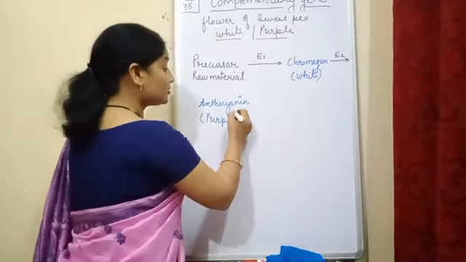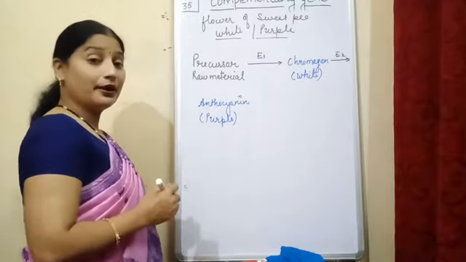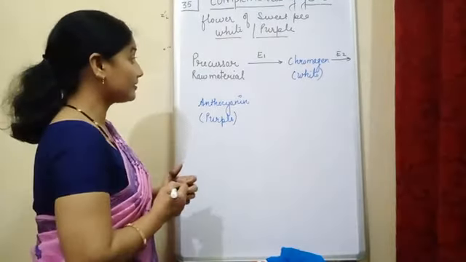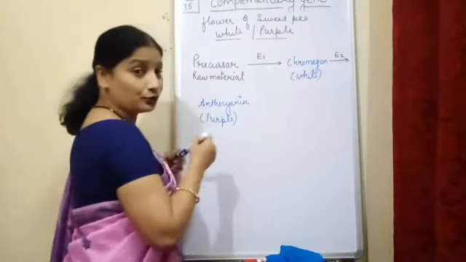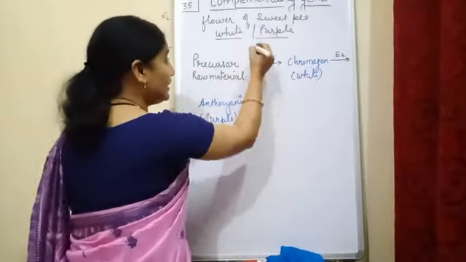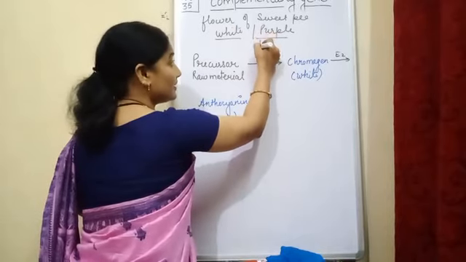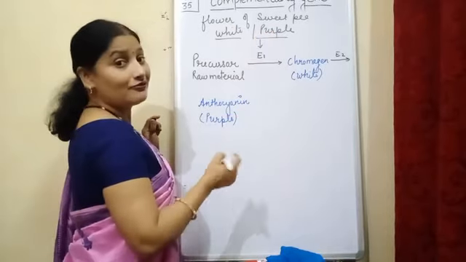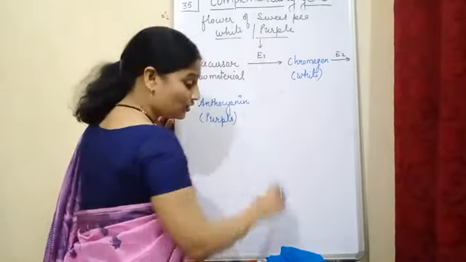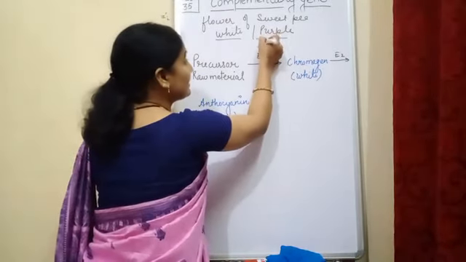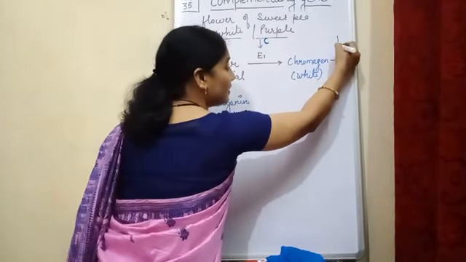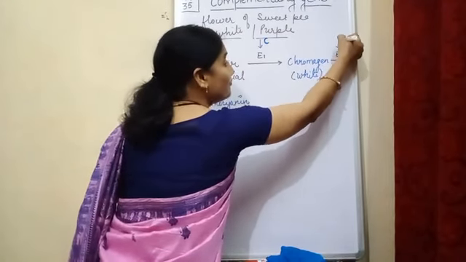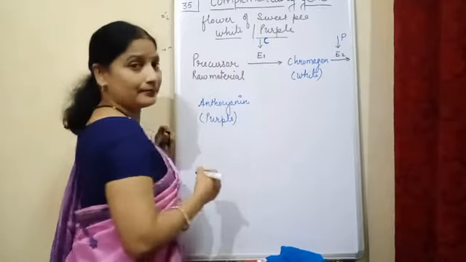So this is responsible for purple color. Now see children, these are enzyme 1 and enzyme 2. This enzyme E1 is produced with the help of a gene called C. And this E2 enzyme is formed from the gene P.